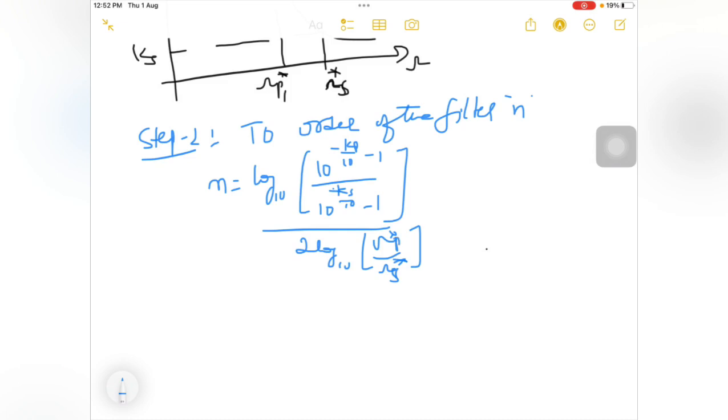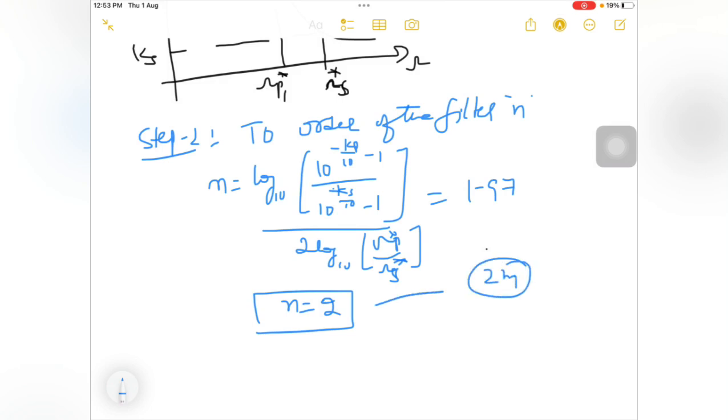Now we can simplify. We will get 1.97, so we choose the next higher integer value, that is n is equal to 2. The order of the filter for the problem is 2. So therefore we will get 2 marks.